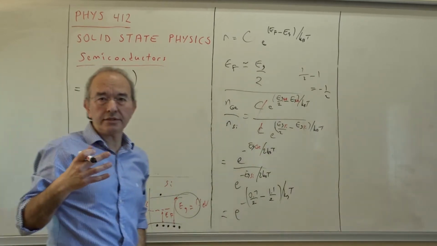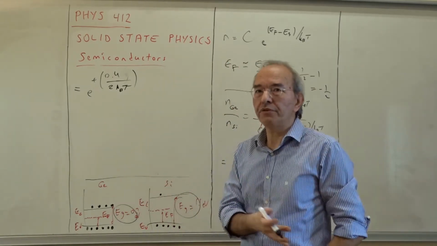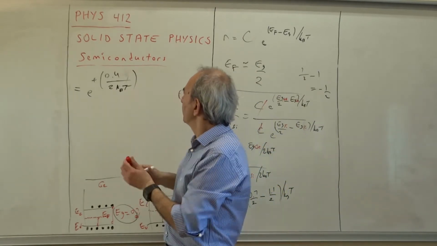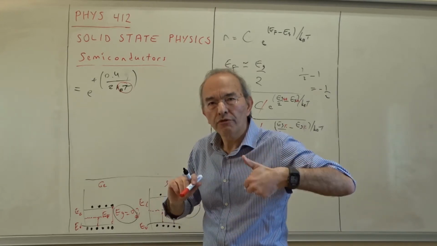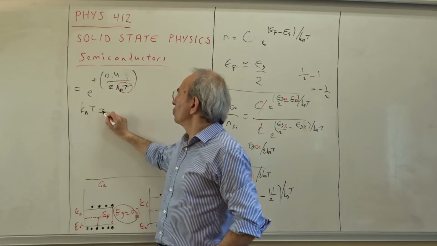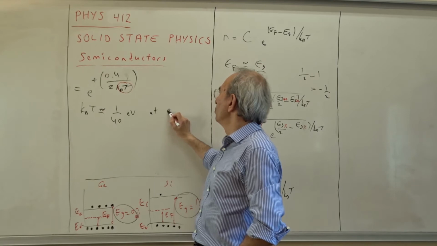But the problem says at room temperature. And we know very well from previous lectures that KBT at room temperature corresponds to 1/40 electron volt.